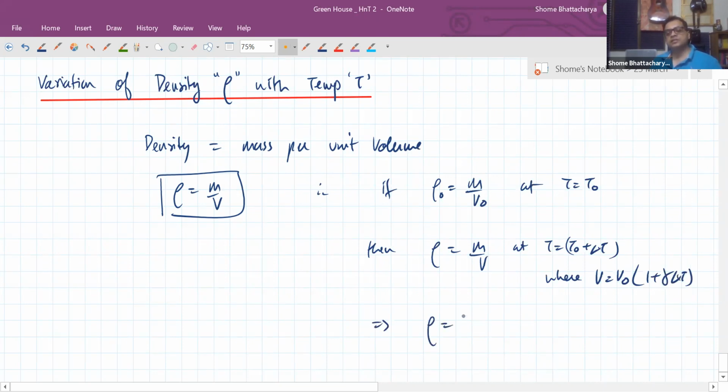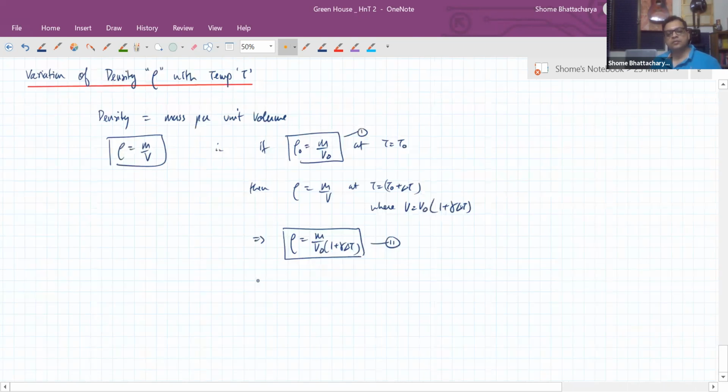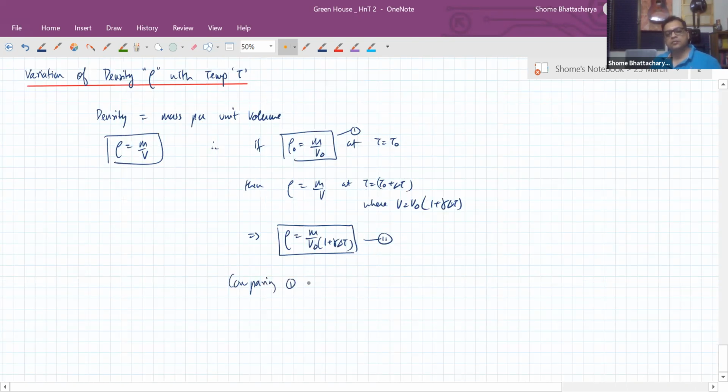So density can be written as m by v naught 1 plus gamma delta T. So we compare this equation with this equation. You can see that we come up with the analysis that the density at the new temperature is the original density into 1 divided by 1 plus gamma delta T.